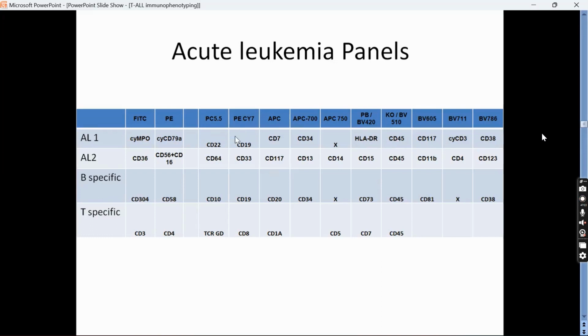CD19 is positive, and it is also showing CD79A and 22 positivity, and negative for all other markers, then they can go for the B specific tube, where it has MRD markers and other markers like CD10. Now, if it is showing positivity for CD7, where is CD7? CD7 along with cyto CD3, where is cyto CD3? So CD7 and cyto CD3 positive, 34 positive or 45 dim.